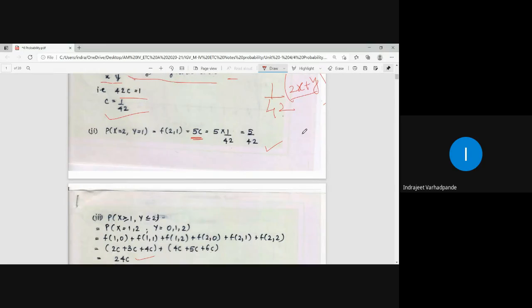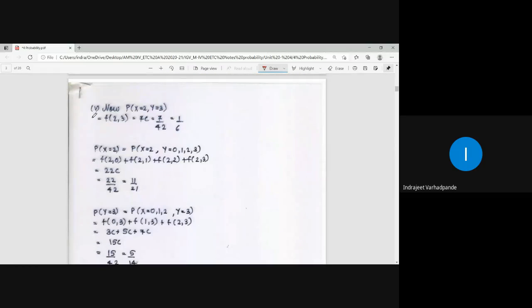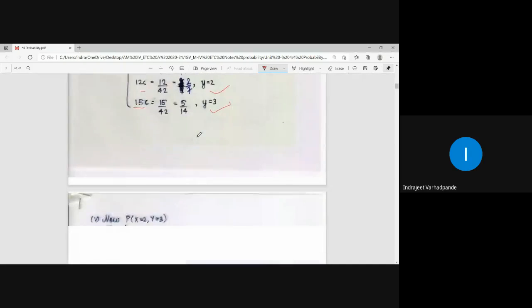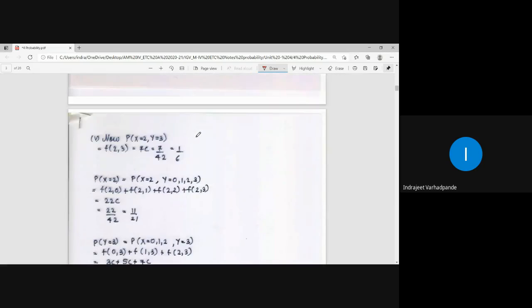You take any value of x and y. For that particular quantity, it should satisfy LHS as well as RHS. Additionally, what they have calculated here is the probability at x equal to 2 and y equal to 3. It is giving you the answer as 1 by 6.